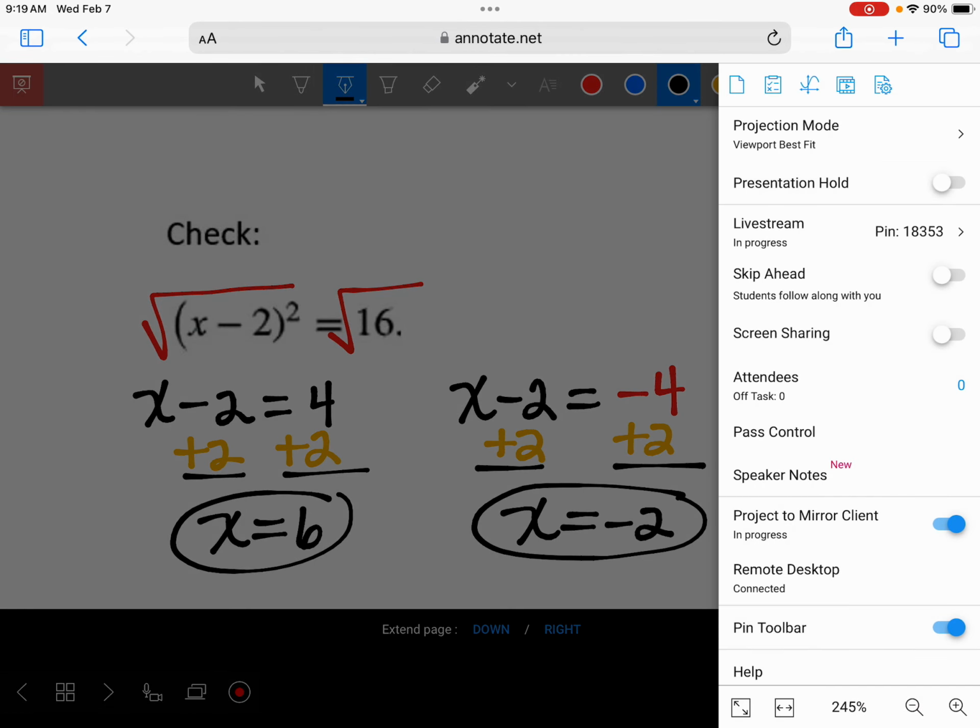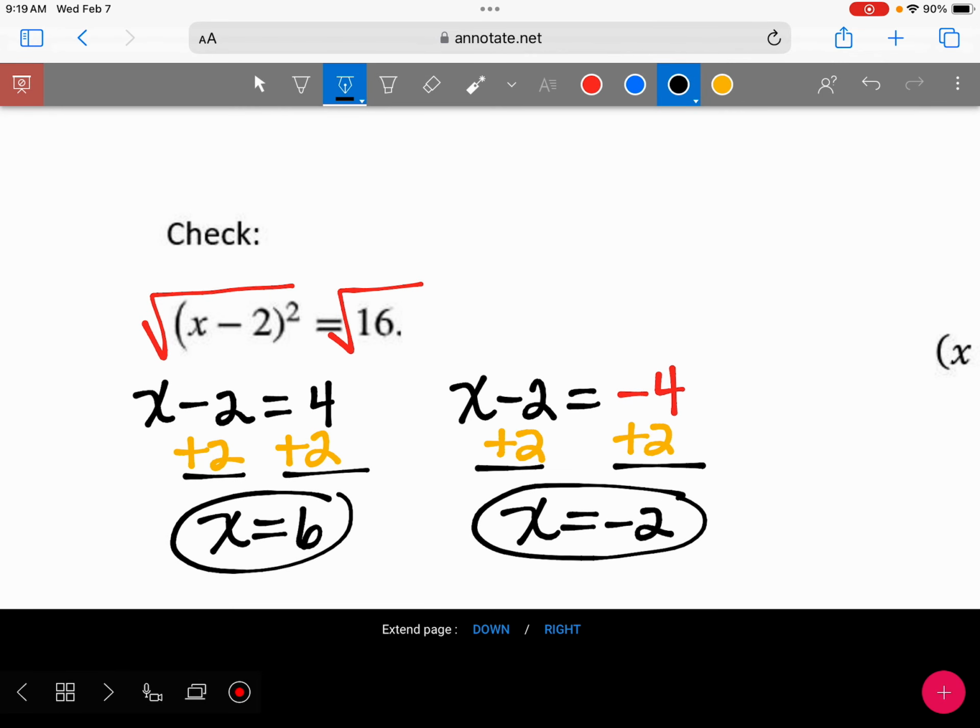All right, take a minute and check your answer with my first one. Raise your hand or give me a thumbs up if you have both of those answers.